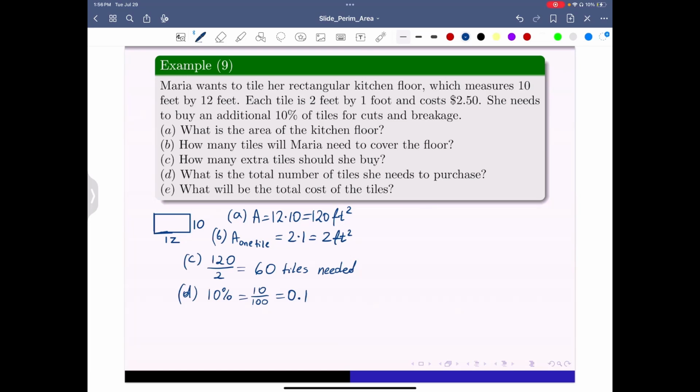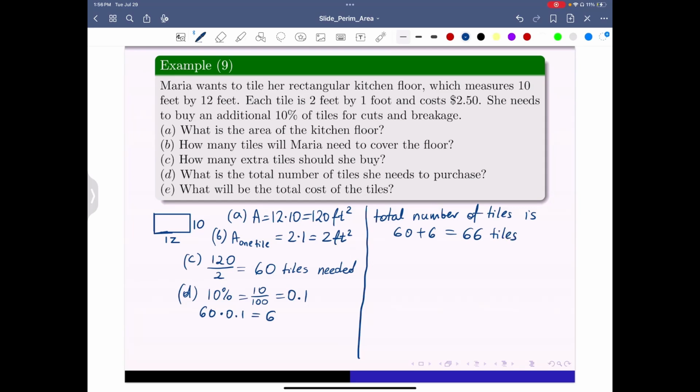And then we have the original amount, 60, times the percent in decimal, 0.1, which gives me the additional 6 tiles. So the total number of tiles is 60 plus 6, so it's 66 tiles.